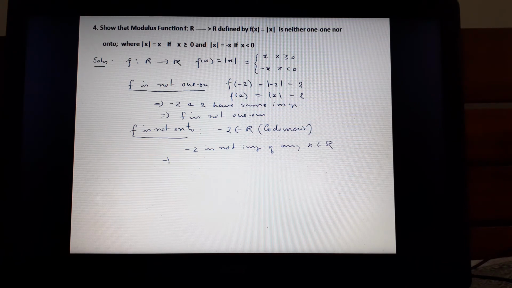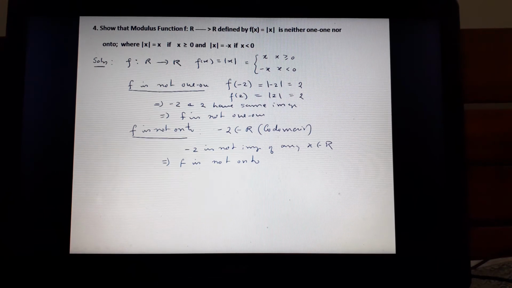So this implies f is not onto also. So this is another example which shows the function is neither 1-1 nor onto.